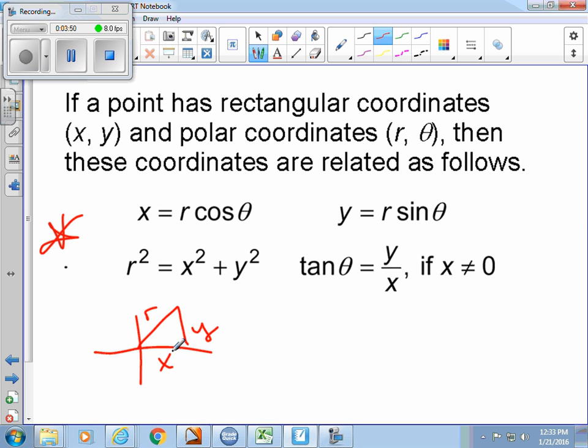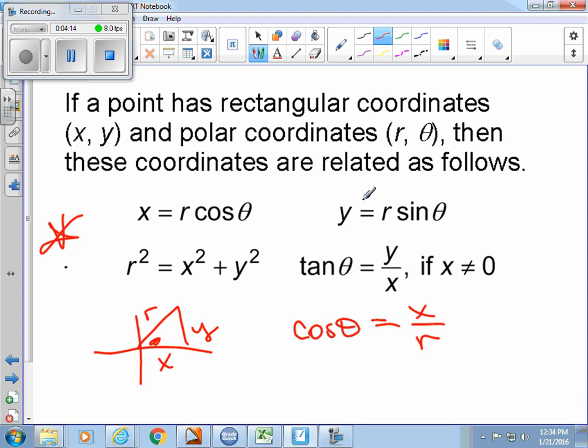x is r cosine theta. If this is theta, then wouldn't you agree that cosine of theta would equal x over r? So you multiply by r. That's where that formula comes from. These are the same 4 formulas you had to memorize for vectors. Do you remember that?